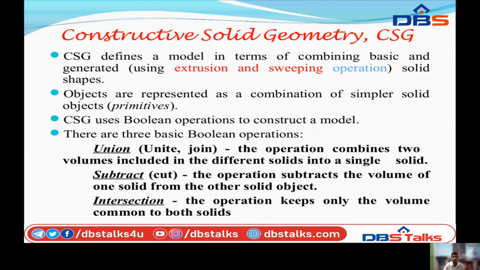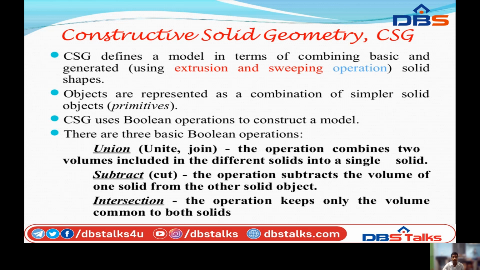Coming to CSG, CSG is nothing but constructive solid geometry. CSG defines a model in terms of combining basic and generated solid shapes. In the last class, we discussed solid primitives like block, cylinder, cone, torus, etc. Here we are using extrusion and sweeping operations. Sweeping is nothing but, first of all, we take a planar curve, translate or revolve the planar curve, and prepare a solid model.